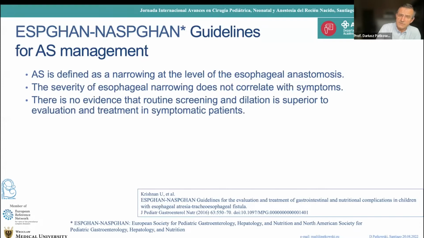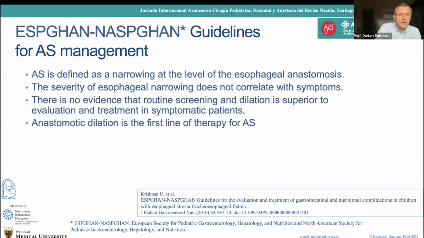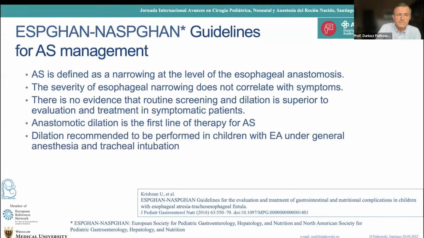There is no evidence that routine screening and dilatation, which some people are doing, is superior to evaluation and treatment in symptomatic patients. Anastomotic dilatation is the first line for any patient, and it should always be performed under general anesthesia with tracheal intubation.